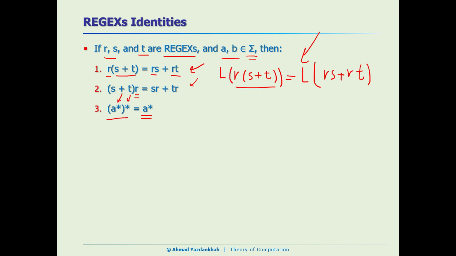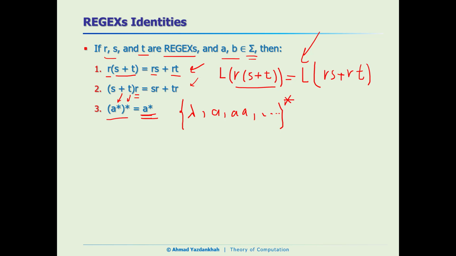So, what is A star? A star is all strings that we can create by concatenating 0 or more A. So we understand that it is lambda, A, AA, and so forth. Okay, now what would happen if I put a star here?